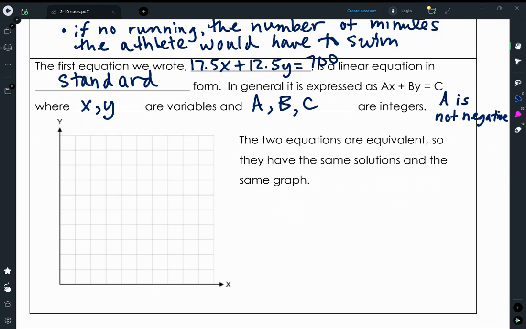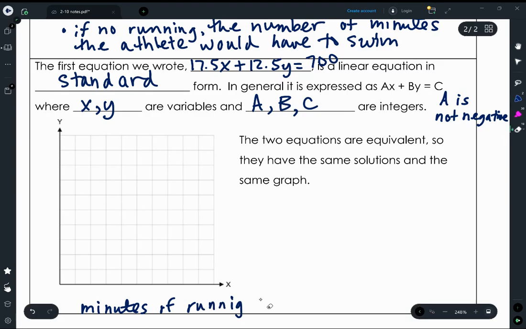So we're going to go ahead and graph, and our x, of course, is our minutes of running. And our y is our minutes of swimming. I missed a letter in the word running, which is pretty bad. I had so many n's already, I didn't put the last one in. Okay, and this is minutes of swimming.